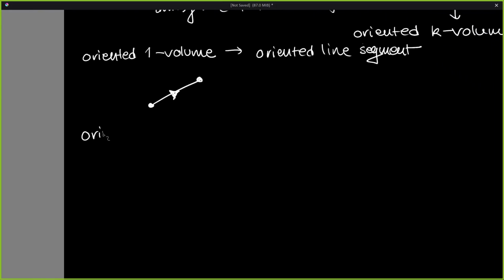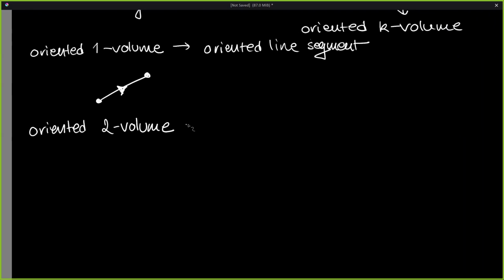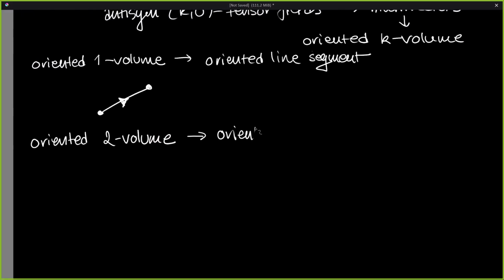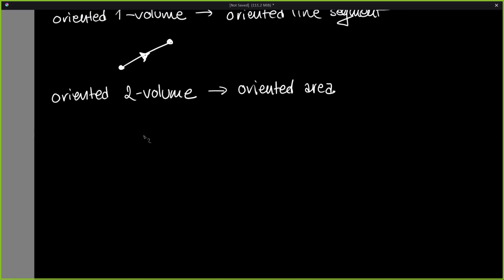So an oriented two-volume is an oriented area. And that looks kind of like this. All the arrows have to point along the same direction.